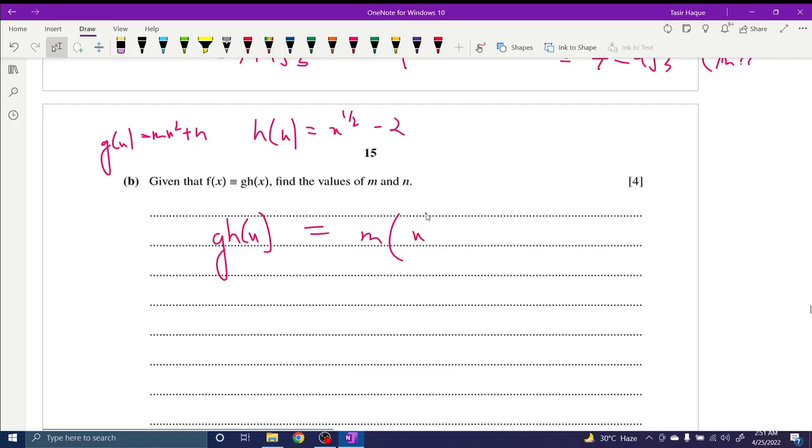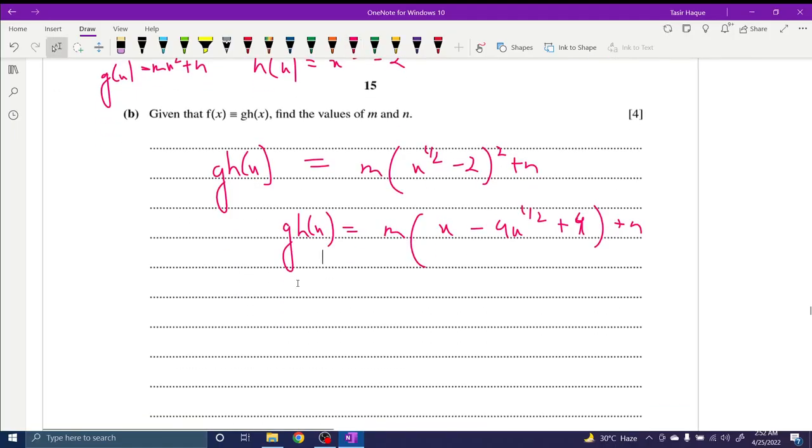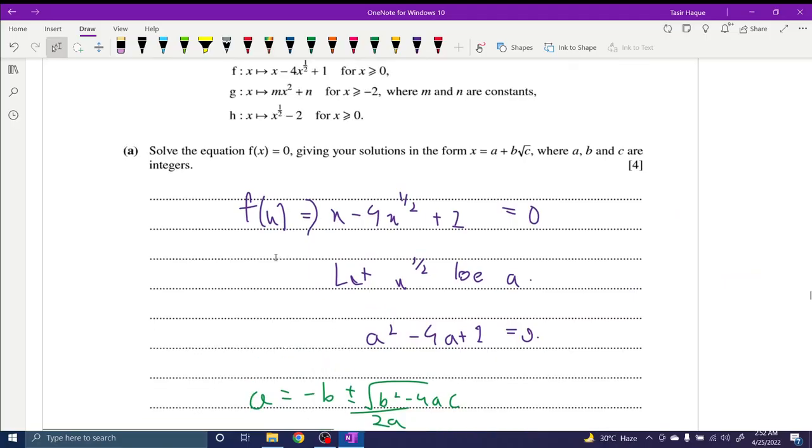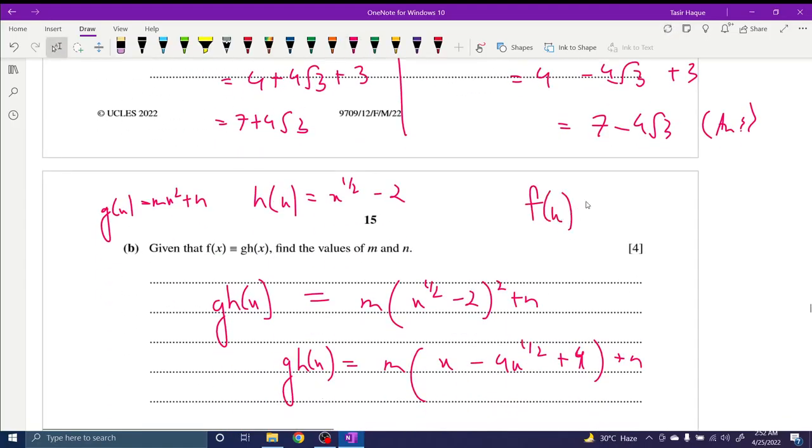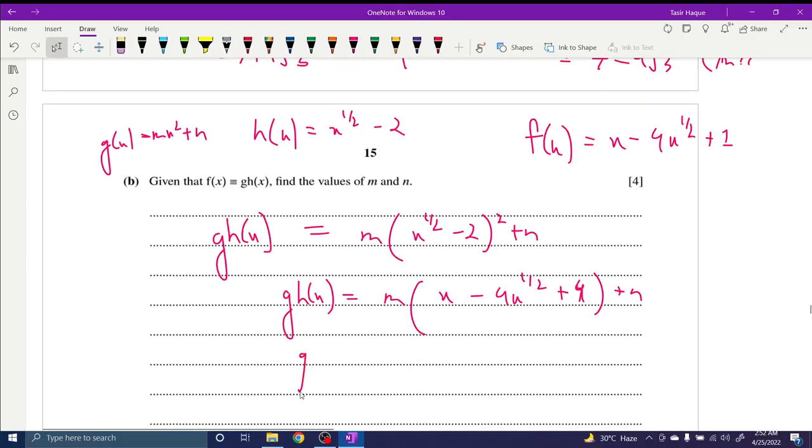So m times (x to the power half minus 2) whole squared plus n, which is m times (x minus 4x to the power half plus 4) plus n, okay? So this is actually equal to f(x), and f(x) was x minus 4x to the power half plus 1. So let's equate these.